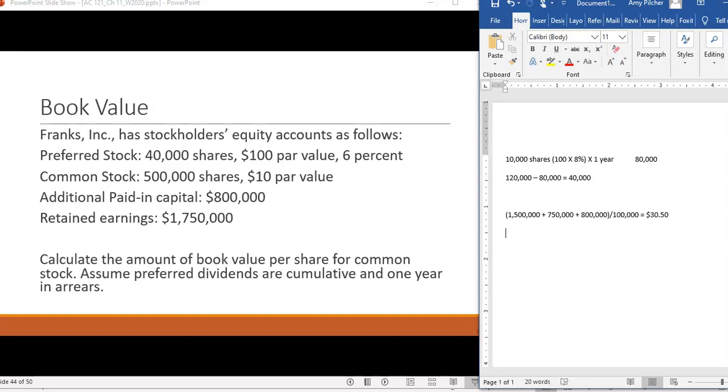We have additional paid-in capital of $800,000. We have retained earnings of $1,750,000. So we need to calculate how much is our total stock.